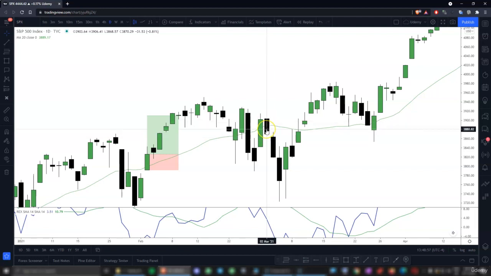So if it closes below the moving average immediately after you enter, that's not a good sign usually. So just move your stop loss from here to here, just to protect your trade. So this is a loss, but it's mitigated to probably 0.5 Rs, so it's not a full R. Price goes down and it comes up here.